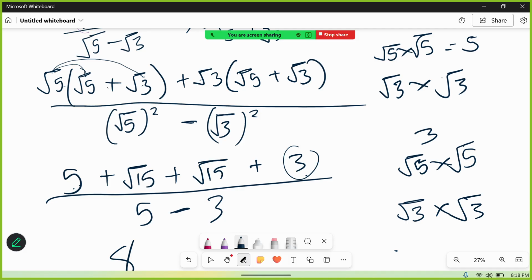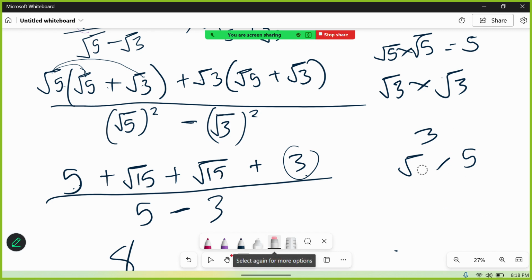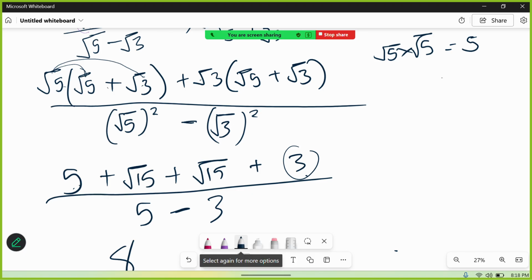Do you know why root 5 times root 5 is 5? Are you sure? Okay, let me ask you this one. What is root 16 times root 16?